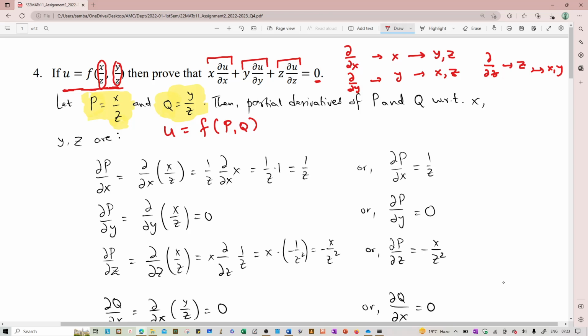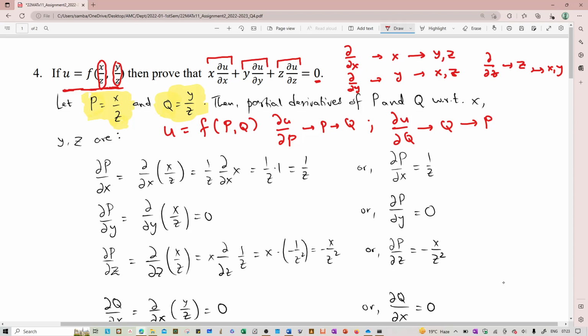So, we can easily define what dou u by dou p is. In this case, p is a variable and q will be the constant. And when we are finding dou u by dou q, q is a variable and p is a constant. So we will not explicitly find out what dou u by dou p and dou u by dou q are, but we'll be writing these expressions, and it's completely legal to write them this way.